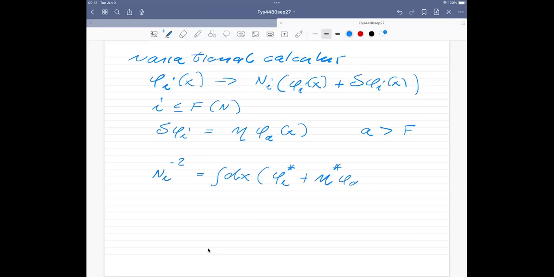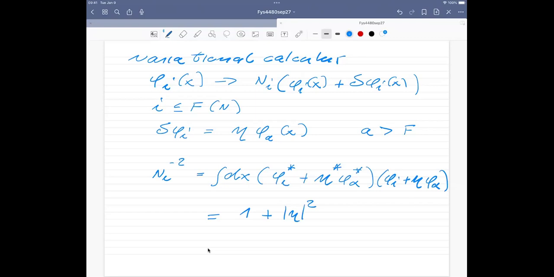And this is now given by the complex conjugate, and then it's multiplied with phi of i plus eta times phi of a. And if we write this out, this is simply equal to 1 plus eta squared. Because when we look at the cross terms with phi of a and phi of i, due to the orthonormality of the states, the cross terms, which only include eta and phi of i and phi of a, have to be equal to 0, these cross terms. Okay?